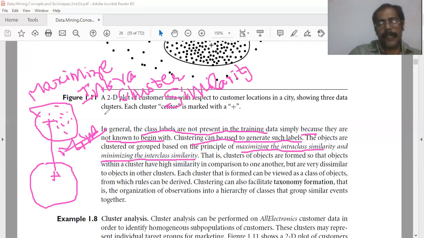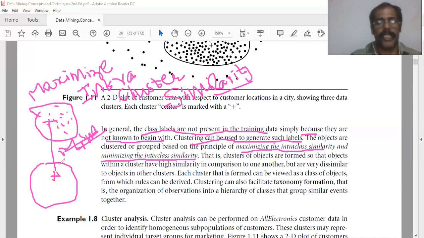We can say the principle in terms of distance instead of similarity. So when we say distance, intra-cluster distance should be minimum and inter-cluster distance should be maximum.